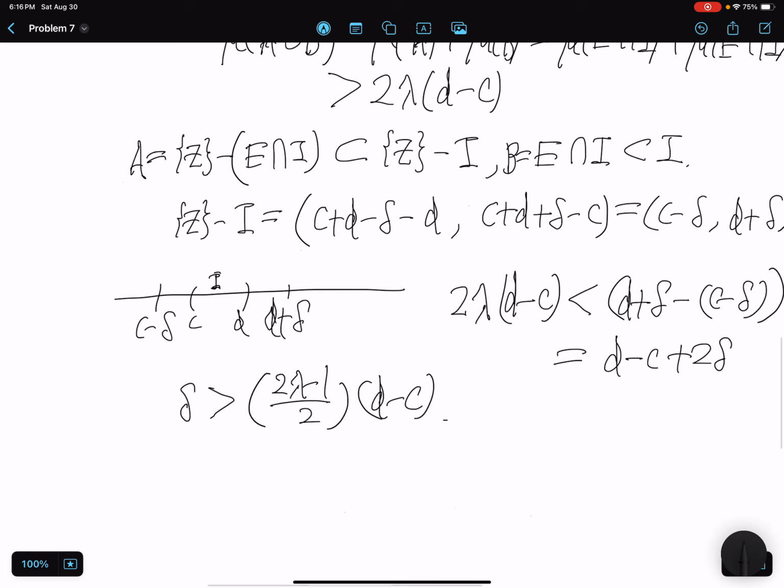So from here, we can pick lambda equal to 3/4.